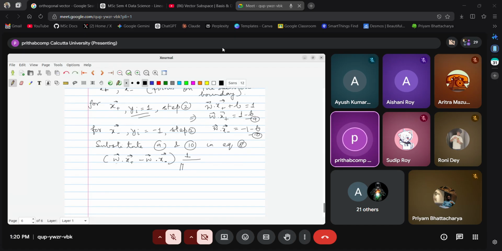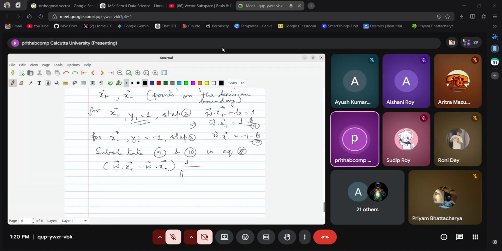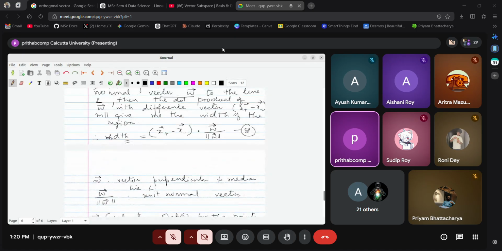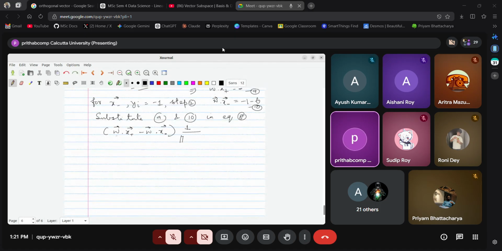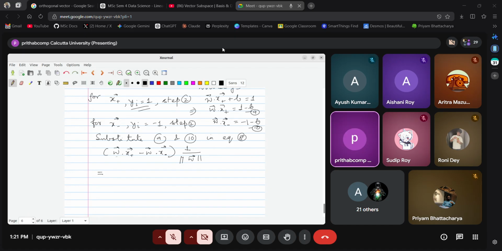W I have taken inside. Just see over here. This W I have taken along with x plus, and this W I have taken with this x minus. That's why it has become like this, into 1 divided by this magnitude of W. Now we have seen just now that W x plus is nothing but 1 minus b.